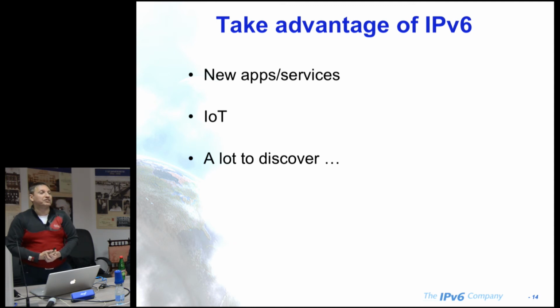Deploying IPv6 for the customer is nothing different. Customers should not notice that you have deployed IPv6. But from your perspective, in terms of business, the idea is, now that I have IPv6, or while I am already considering deploying IPv6, let's make a business plan for taking advantage of that.